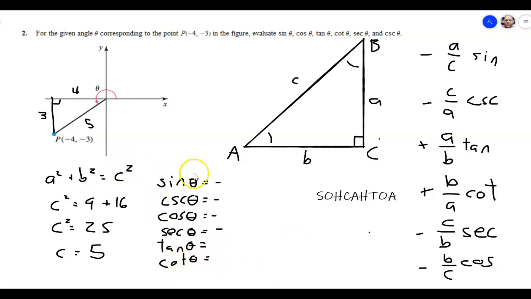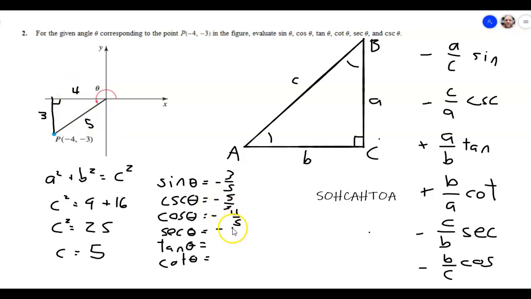All right, so real easy. The sine is opposite over hypotenuse, so for this angle that would be 3 over 5, so negative 3 over 5. The cosecant is just the reciprocal of that, so negative 5 over 3. The cosine is adjacent over hypotenuse, that would be negative 4 over 5.